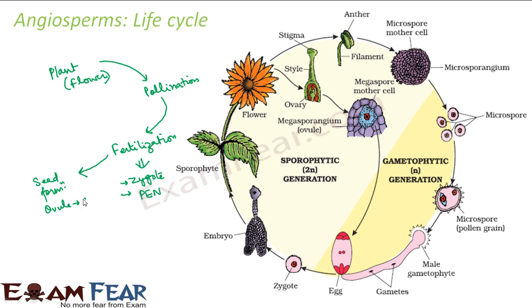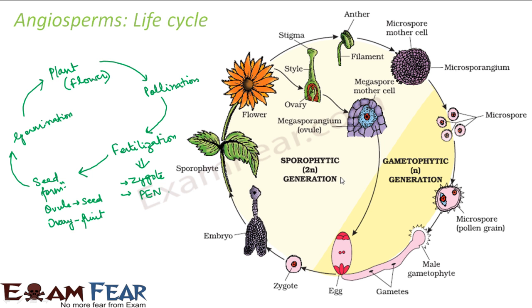Once the seed formation takes place, the seed will germinate to form a seedling, and then that seedling will grow to become a plant again. So that is how the cycle takes place.